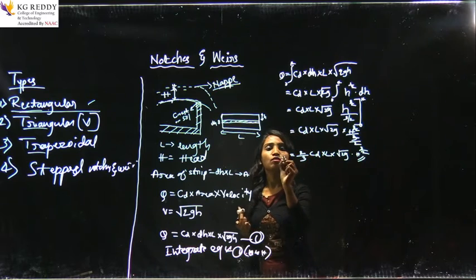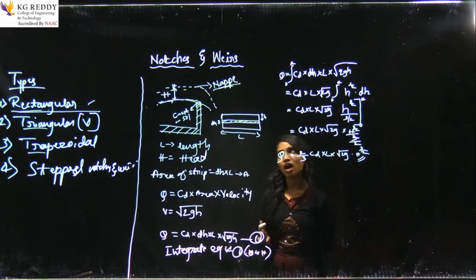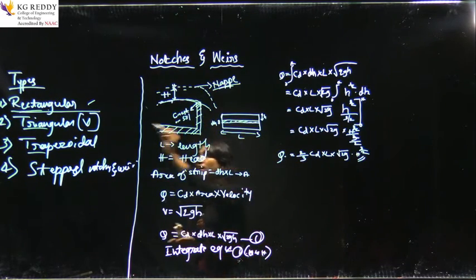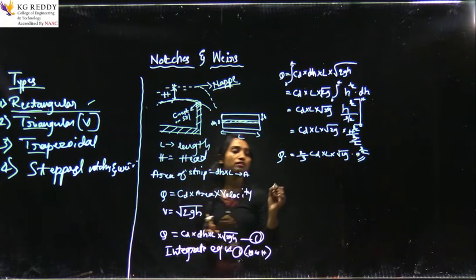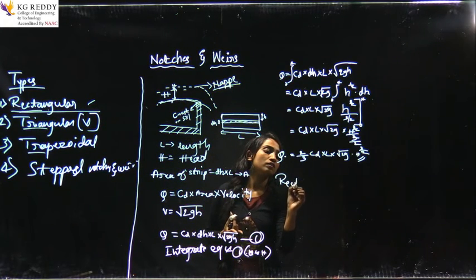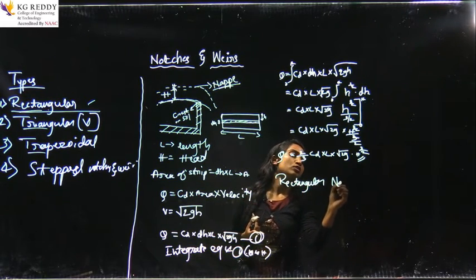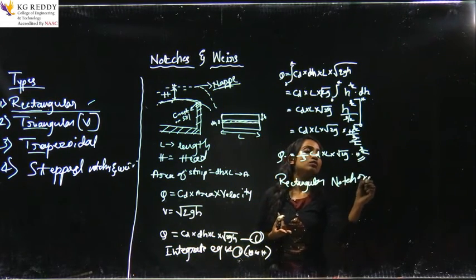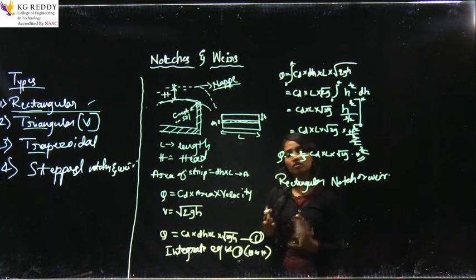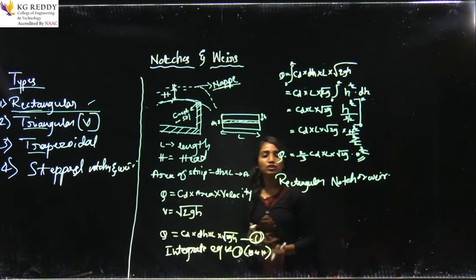This is the final equation for the discharge flowing through the rectangular notch, or weir. Okay, this is the equation.